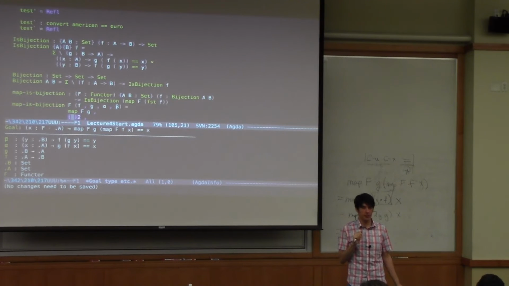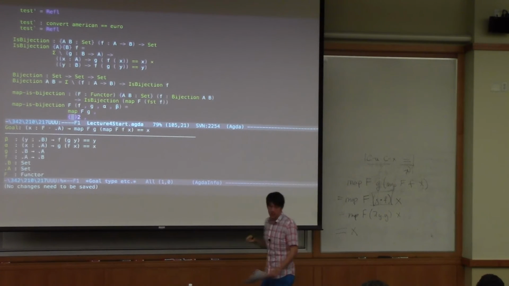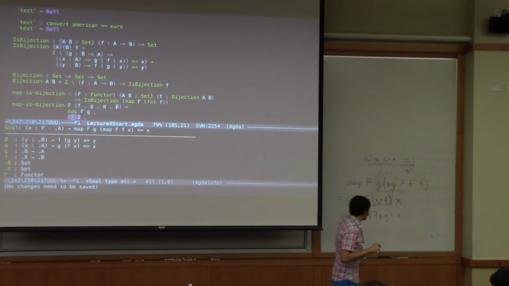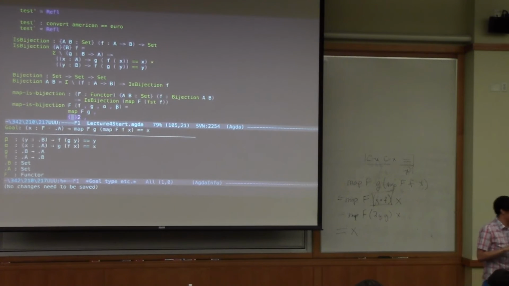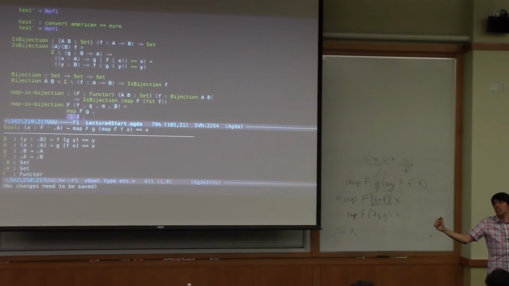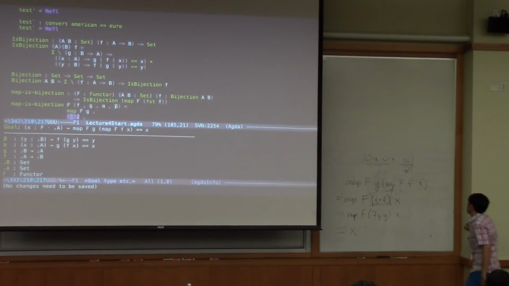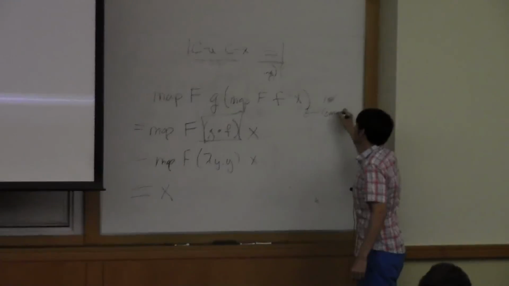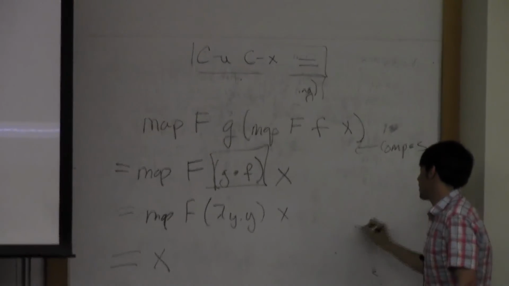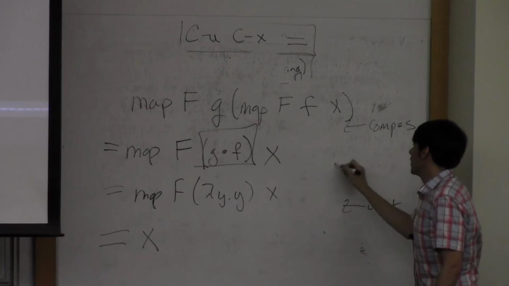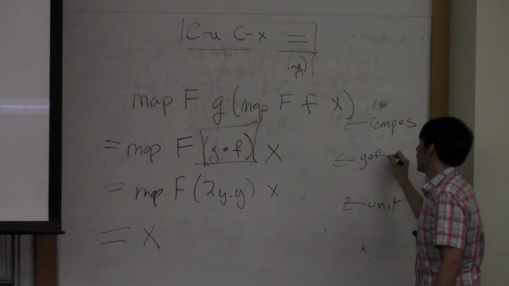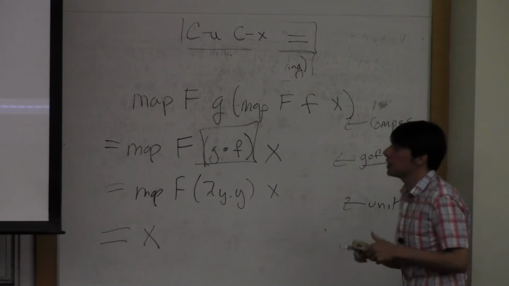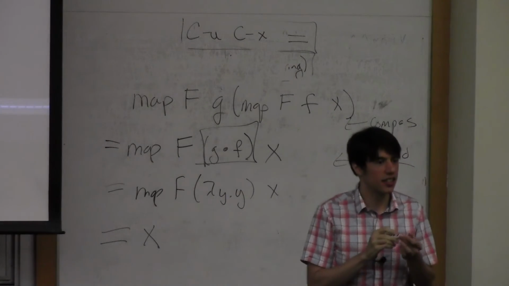So we know that f and g are inverse. Therefore, g compose f is the identity. Therefore, it's the identity function. And then map ID, right? So from the composition, right here goes the composition, right here goes the unit law, here goes the fact that g compose f equals ID. We've got a proof that map takes bijections to bijections. Okay?